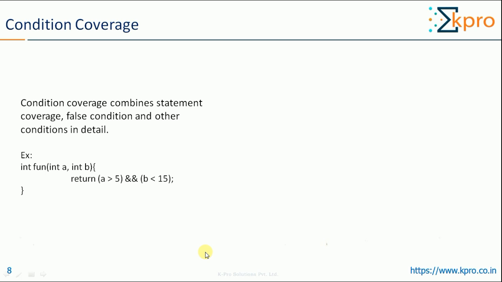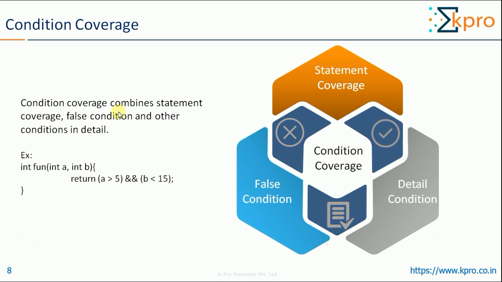Let us see the next test case design technique, that is condition coverage. Condition coverage combines statement coverage, false condition and other conditions in detail. Let us see its importance with an example.